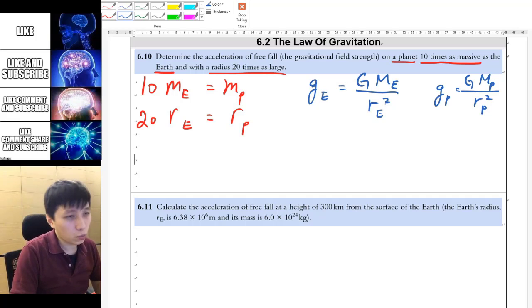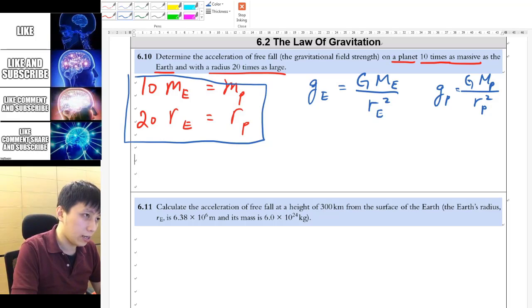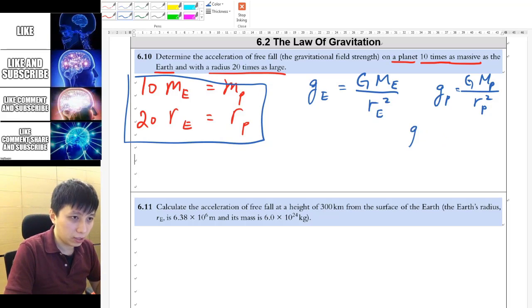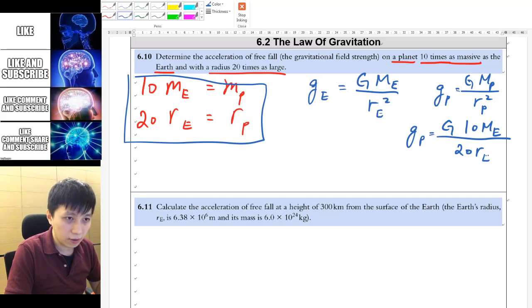So the next thing that you want to do is to apply what you wrote down earlier into this equation. So I would probably just write down gP is going to be big G, M is going to be equivalent to 10 of the mass of the Earth, and then for radius is going to be 20 times of the Earth radius.